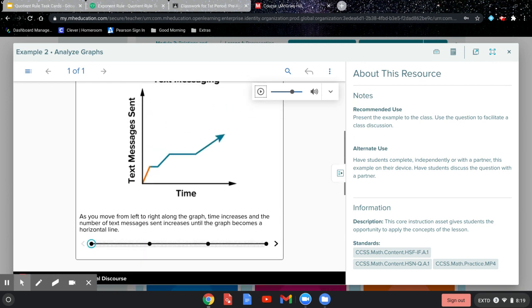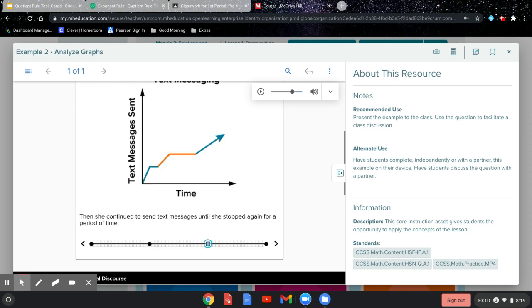So we'll look at this first part right here, that's in orange. As we move along, time is increasing as the number of text messages is increasing. Then we move to that little part right there. The horizontal line means that time is increasing, but the number of text messages sent remains constant. During this time Nora stops sending text messages.